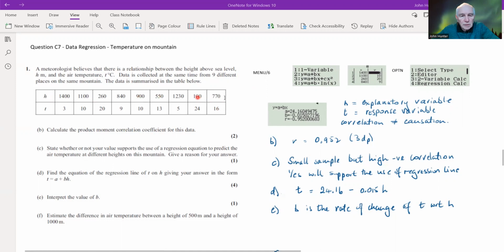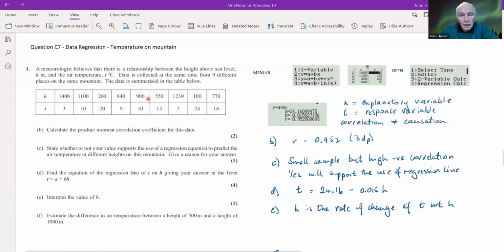So what we can do is calculate the correlation, and we can also calculate the regression line as a linear function, a straight line. This goes back to what you probably remember from earlier stages, where you do a scatter graph and draw a line of best fit. That regression line is that line of best fit, except it's calculated rather more scientifically.